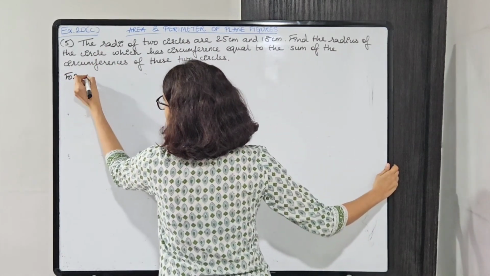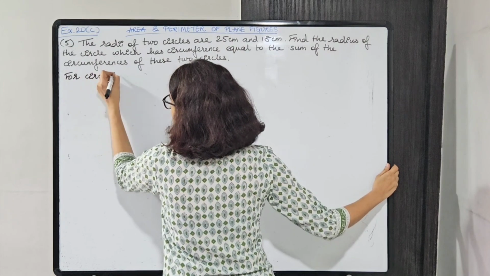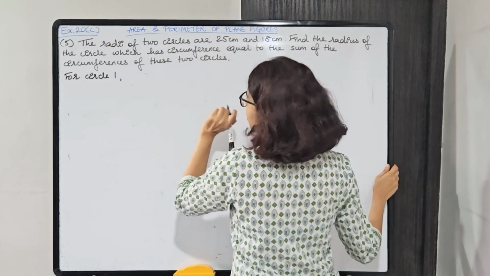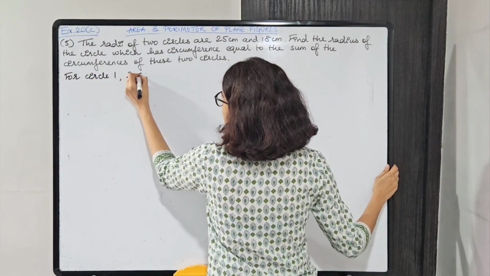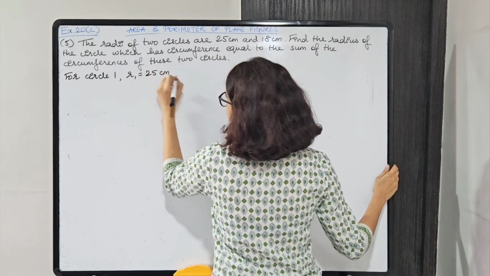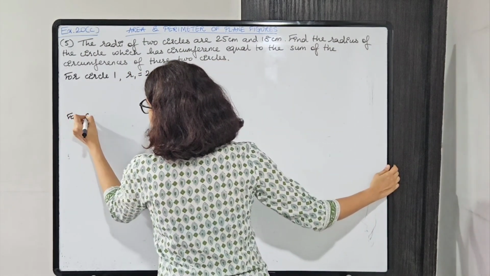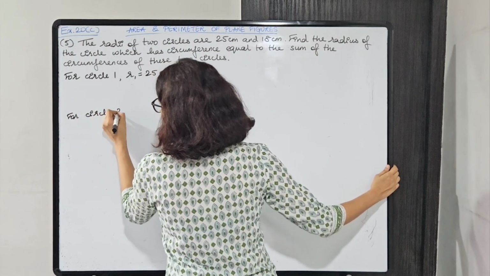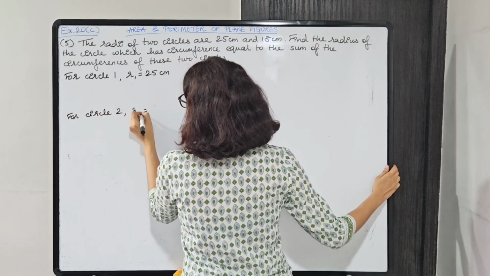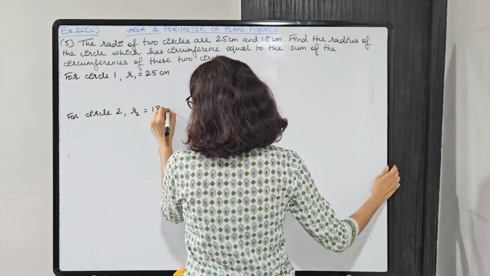For circle 1, you're given the radius. It is 25 centimeter. For circle 2, again radius is given. It is 18 centimeter.